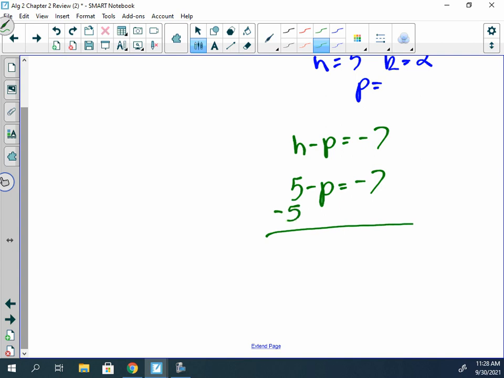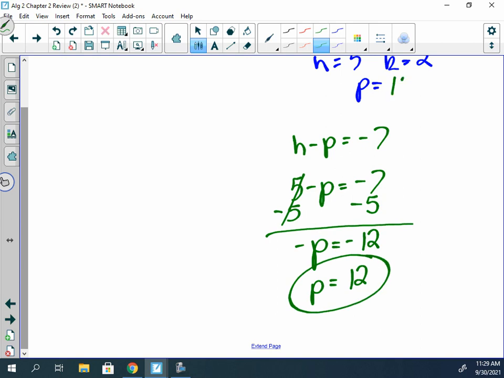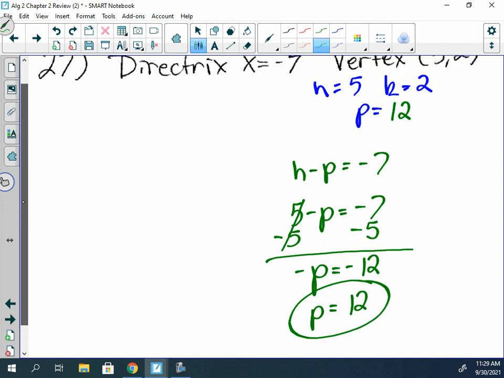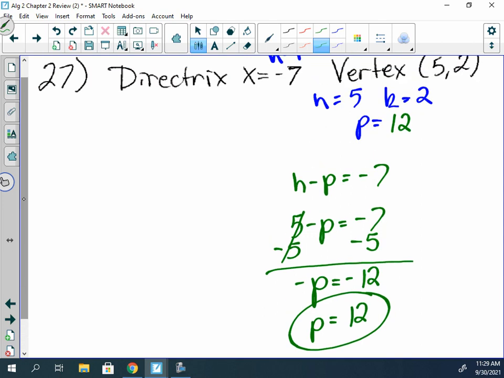The next thing we can do is subtract 5 from both sides, telling us that p is equal to -12, or p is equal to 12. So any questions on how we found h, k, and p for this here?